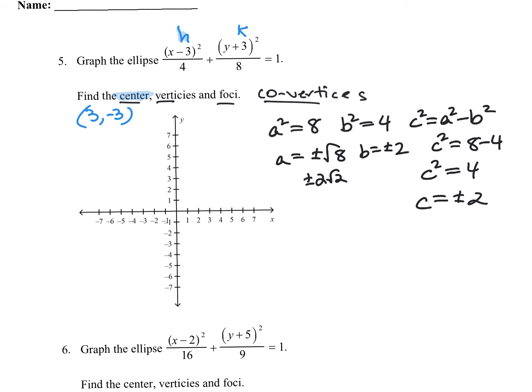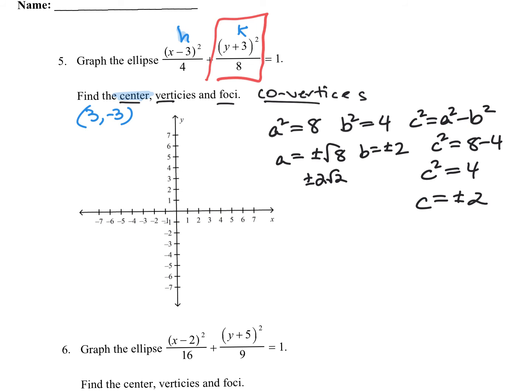Let's find the vertices next. So remember, to find the vertices, I need to take my center point, and notice my major axis here, the bigger number, is under Y. So this is where I'm going to add and subtract my A value to the center.